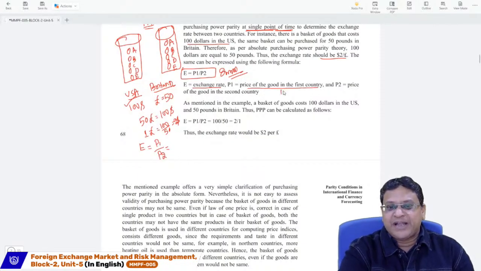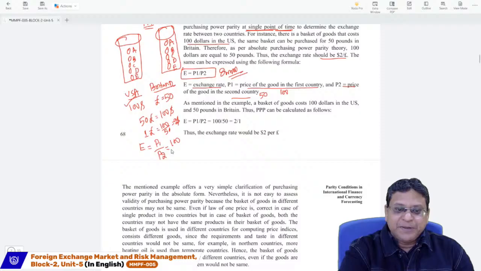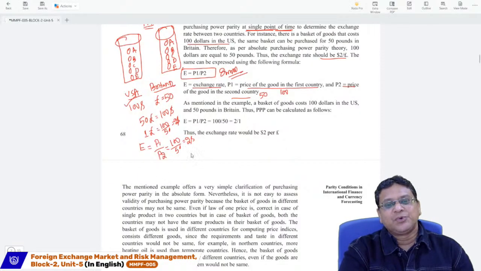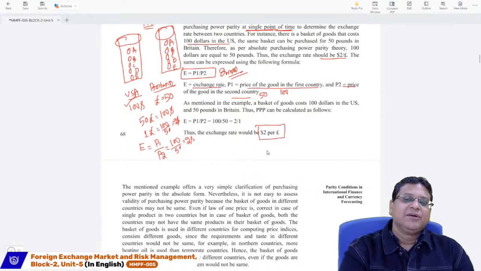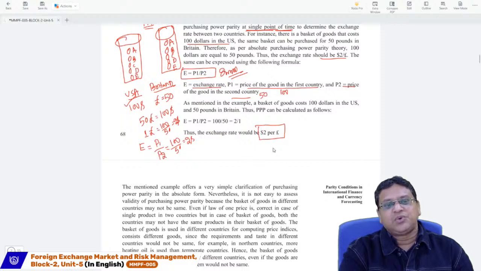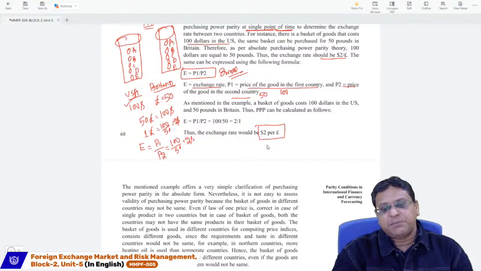P1 is equal to 100 and P2 is equal to 50. Now the exchange rate can be calculated. 100 by 50, that is $2 by 1, so the exchange rate is easily calculated: 1 pound is equal to $2. This is the absolute version of purchasing power parity theory.